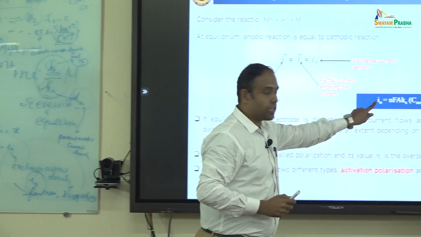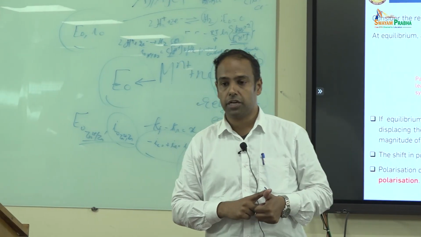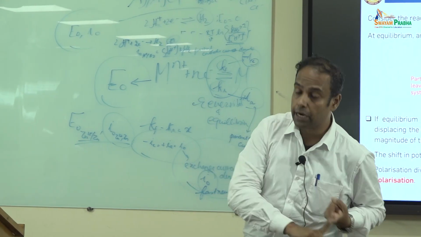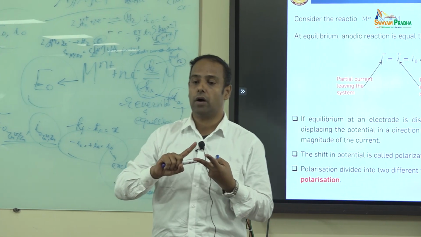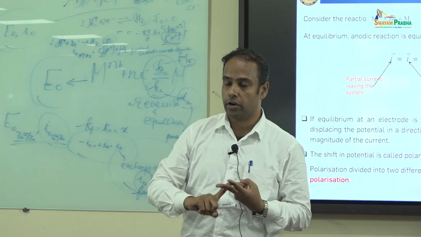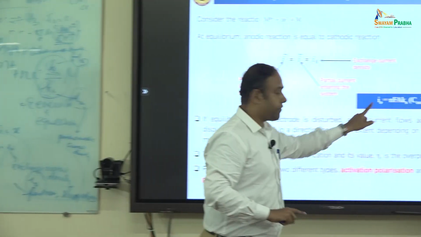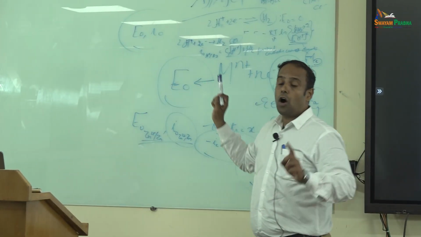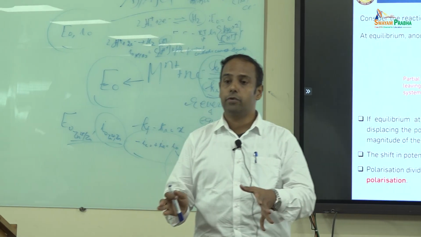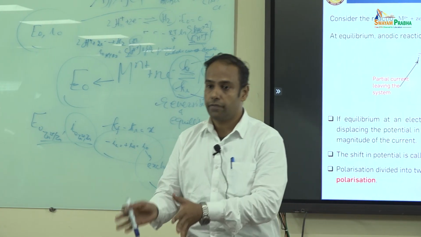So, the I naught is unique for a particular electrochemical reaction on a particular electrode surface in a particular electrochemical medium or electrolyte. It cannot have the same value for all cases. For example, I naught for the reversible hydrogen reaction on platinum in sulfuric acid will be different from that on zinc in sulfuric acid.